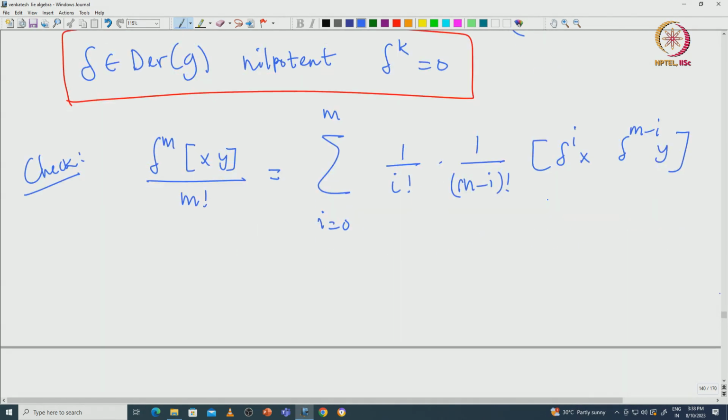Now, if we use this and compute what is happening to the exponential of delta, we will get the required thing. So, let us see what the exponential of delta is. By definition, it is the summation of delta power i divided by i factorial, where i ranges from 0 to k minus 1, since delta power k is 0.